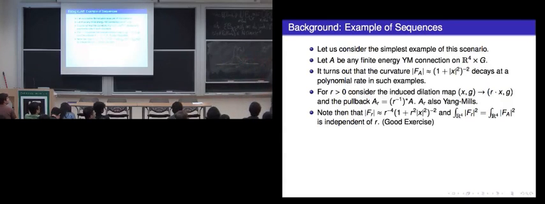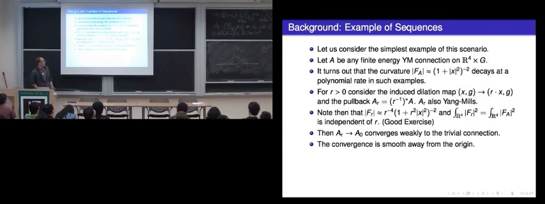This is a great exercise to check: when you do this pullback, the curvature is multiplied by r to the minus 4. It's getting a lot bigger, but your volume form is multiplied by the exact opposite factor, r to the 4th. So the two balance out, and the total integral doesn't change. In higher dimensions that would not happen, but in dimension 4 they have precisely the same energy.